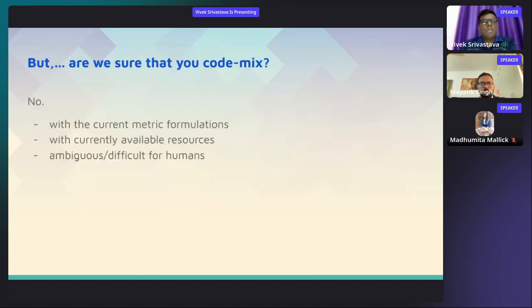So the question is still there, that are we sure that it is code mix? Because there are metrics, there are things that can measure that, but with the current metric formulation and the available resources and the difficulty for human annotators, I don't think that we will be surely and confidently able to comment that yes, we can say that the text is code mixed or not.